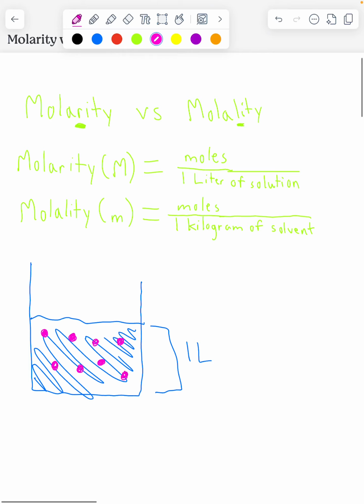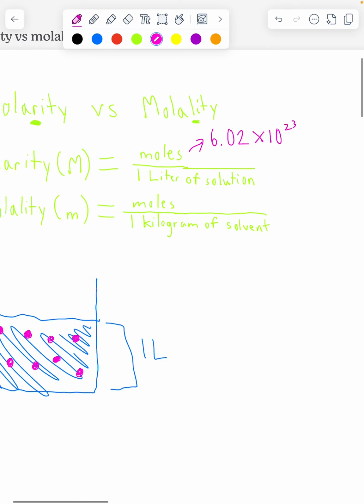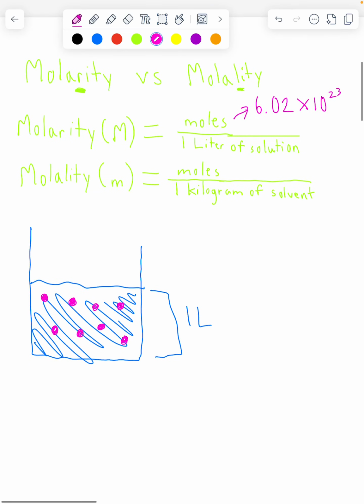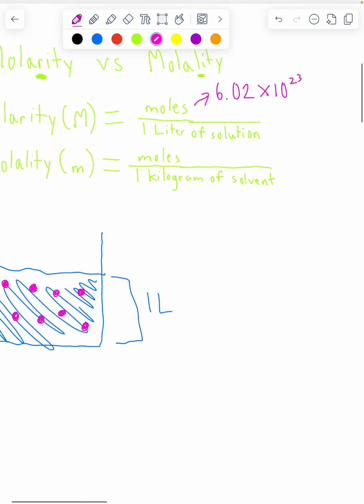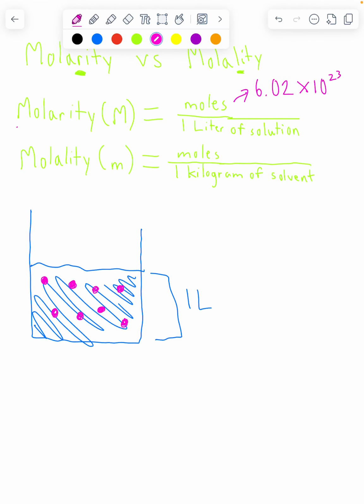Now, we need to remember that when we're talking about moles, 1 mole is equal to 6.02 times 10 to the 23rd molecules. Okay? So let's assume I put in that many molecules of glucose into 1 liter of solution. All right, so what is our molarity? So remember, I'm asking molarity, so that's this one right here.